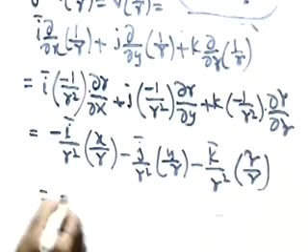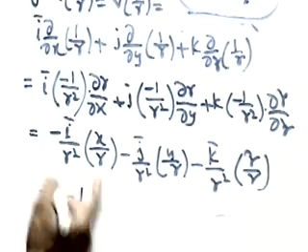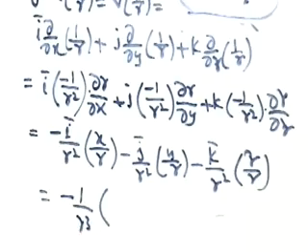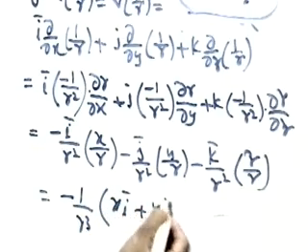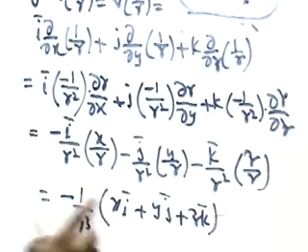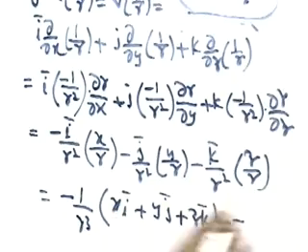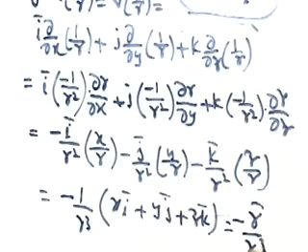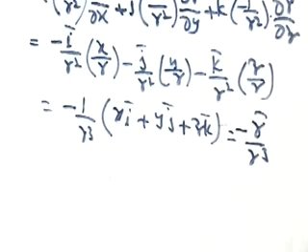Let us take common minus 1 by r cube. If we take this common, what is left here? x into i vector plus y into j vector plus z into k vector. Now this is vector r, so this will be minus vector r by r cube.